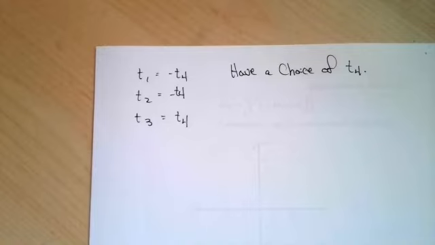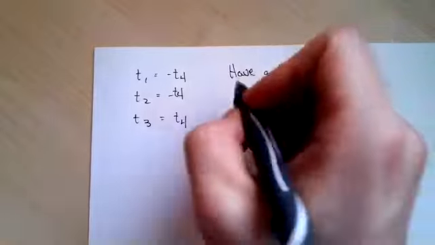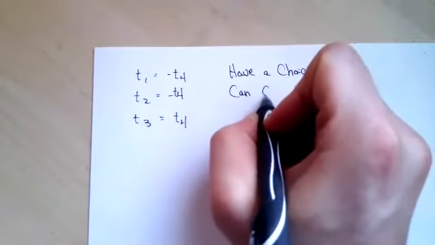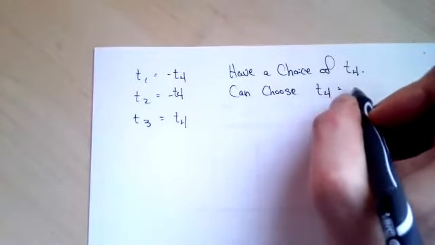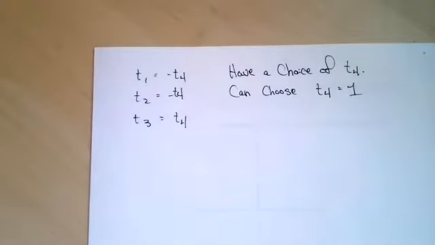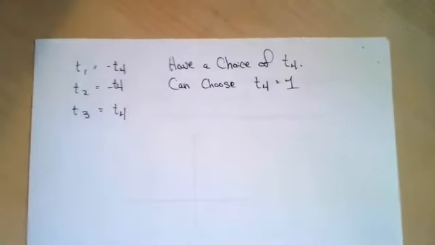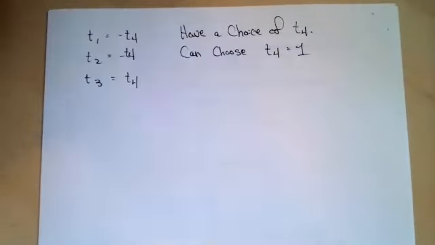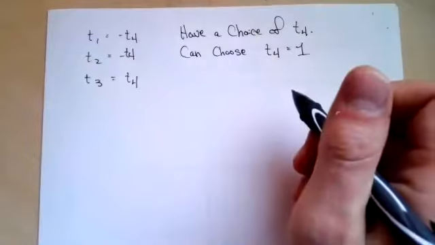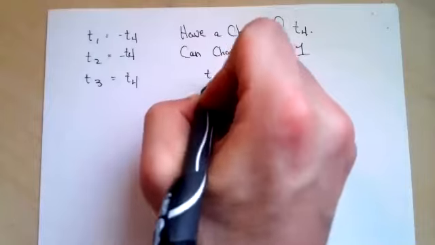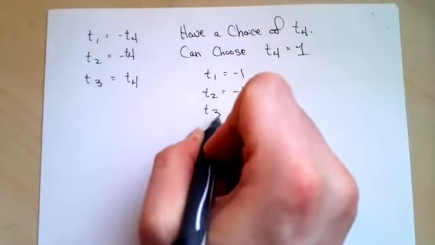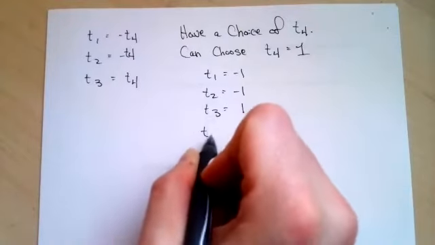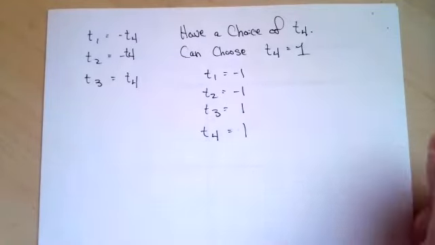But we at least have 1 degree of freedom. So let's pick a non-trivial solution. So non-zero. If we choose T4 equal to 1, this is going to say T1 equals -1, T2 equals -1, T3 equals 1, and we chose T4 to be equal to 1.